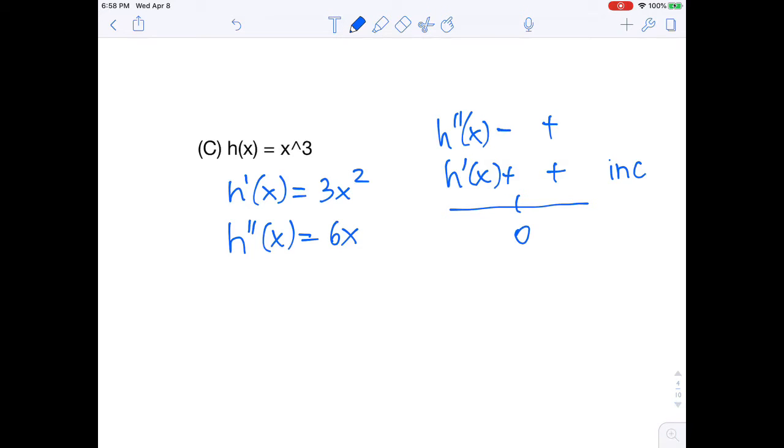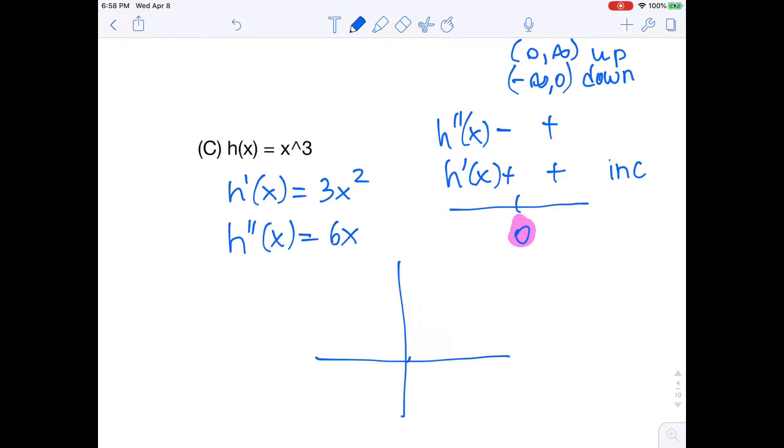But when it's less than 0, it's negative. So at this point, it's going to change. So from negative infinity to 0, it concaves down, and from 0 to infinity, concaves up.